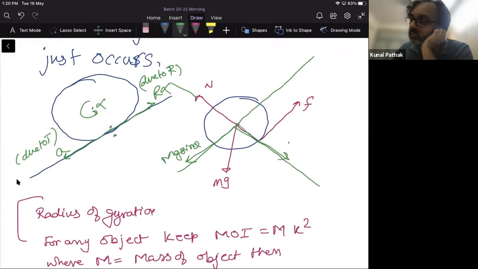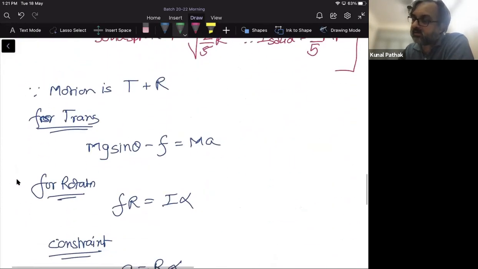Obviously, the component that comes here is mg cos theta. So everything remains the same. There is no difference in the equations.